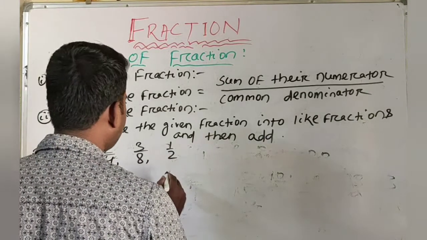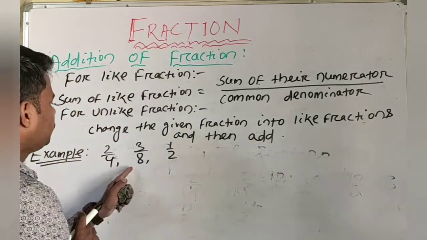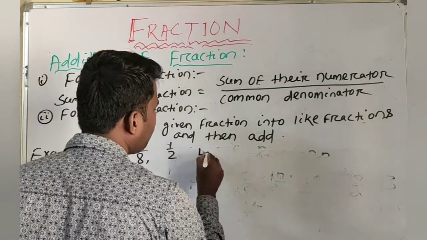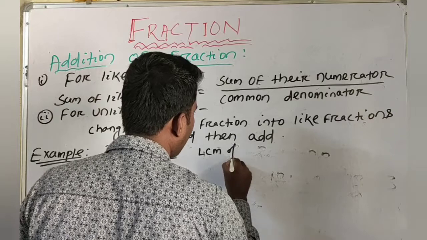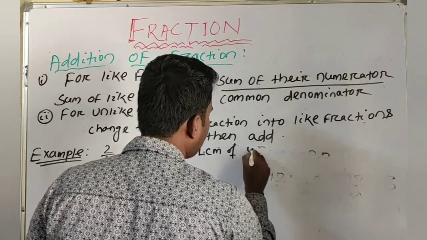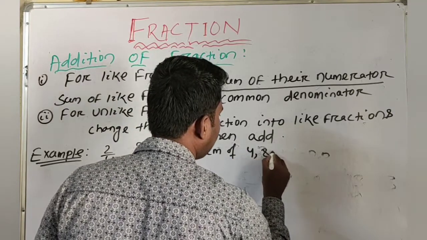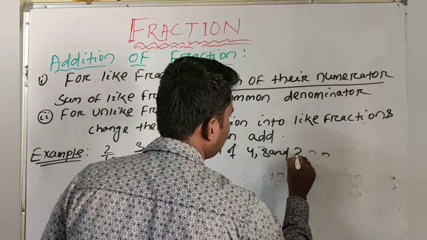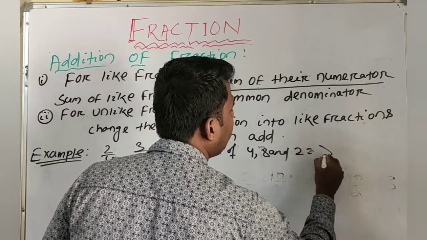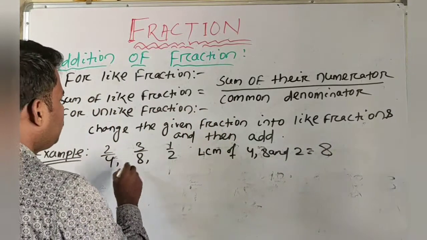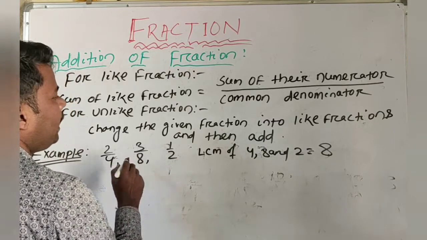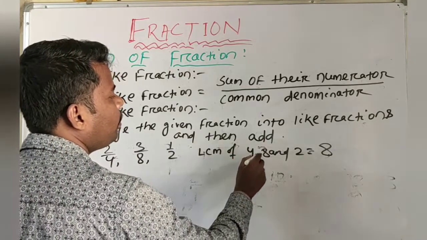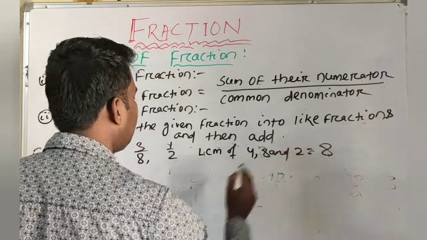So first we have to take the LCM of the 3 numbers. The LCM of the denominators 4, 8 and 2 will be 8 because 4 and 2 are factors of 8.